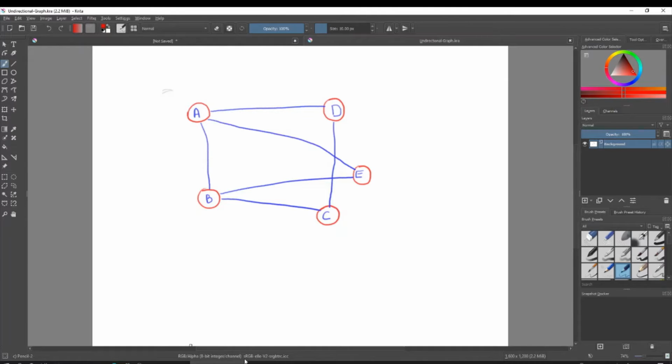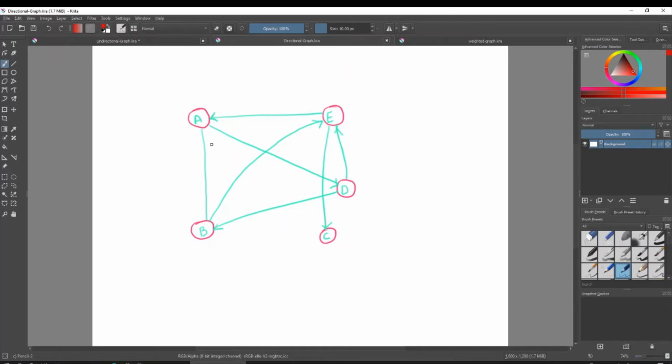The graph you see on the screen is an undirectional graph because there are five nodes, A, B, C, D, and E, and they are connected by edges, but these edges do not have any directions. So this graph is an undirectional graph. Now take a look at this graph.